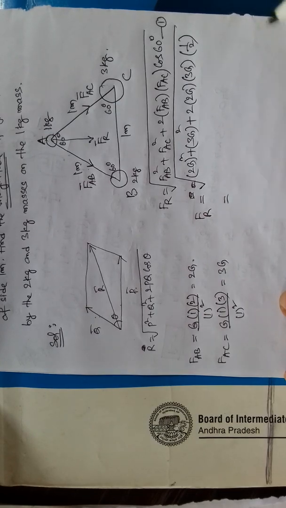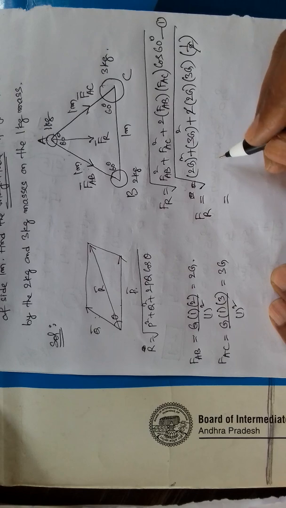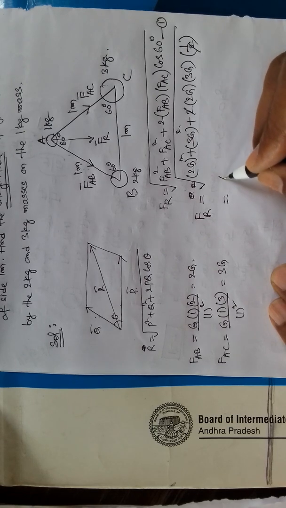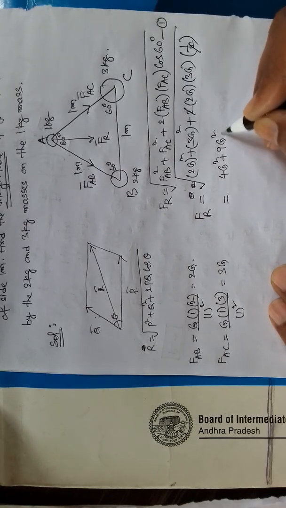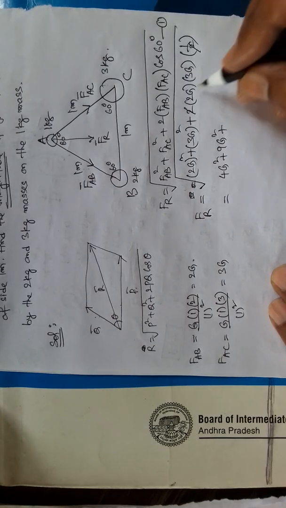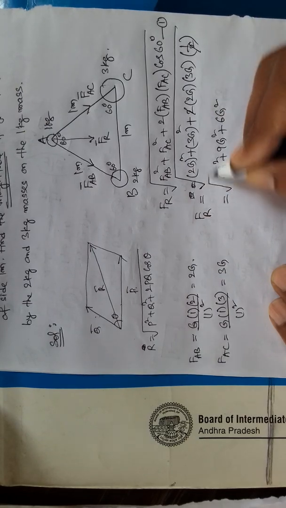So here 2 and 2 get cancelled. 4g square plus 9g square plus 2 3 is 6g square under root.